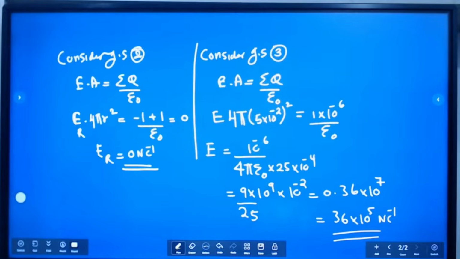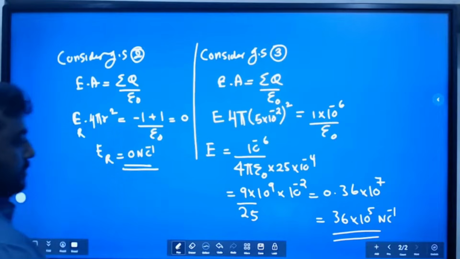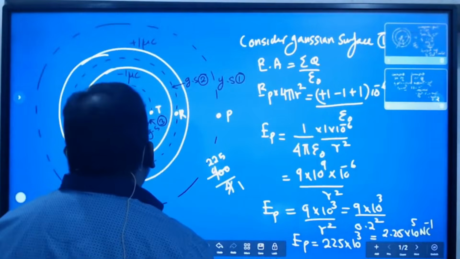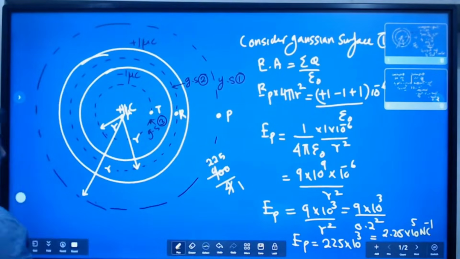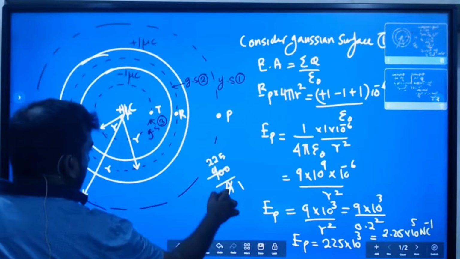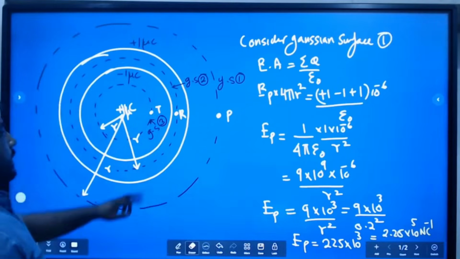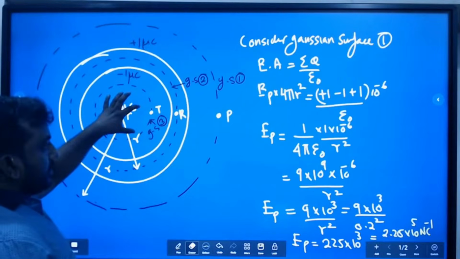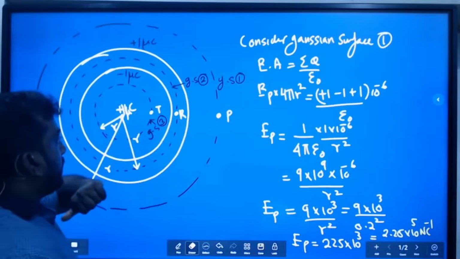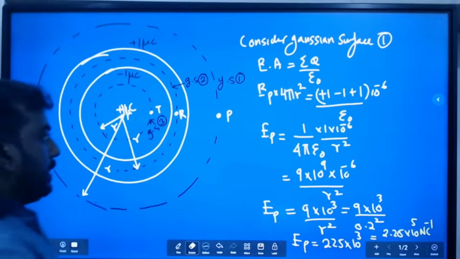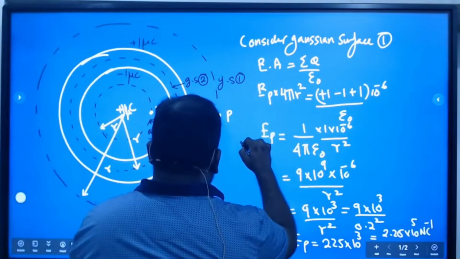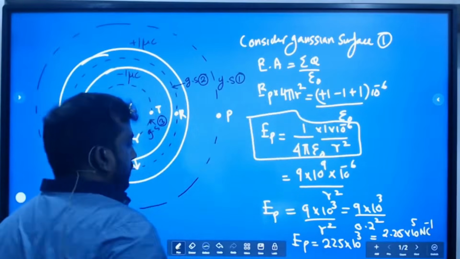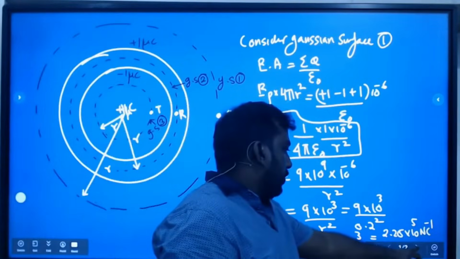They are asking you to sketch the variation. If you sketch the variation here roughly, then we can probably do it. Inside here electric field strength is 0. Electric field strength outside is a constant over r squared.